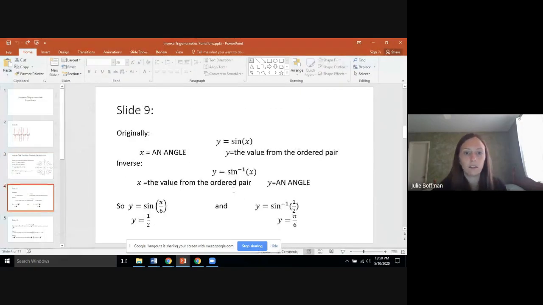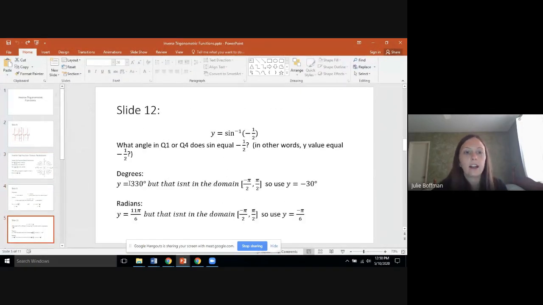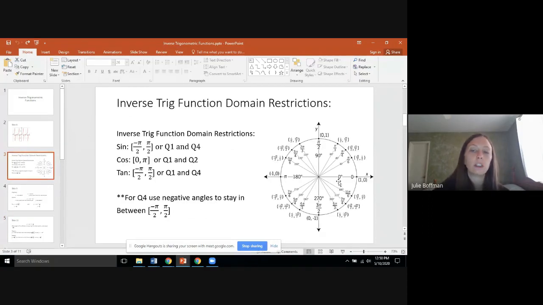Now I want you to be careful because if you think about it, 330 degrees is not in your domain, right? Because we went down to get to -π/2. Think about it in degrees instead of radians. We went from -90 degrees to +90 degrees.